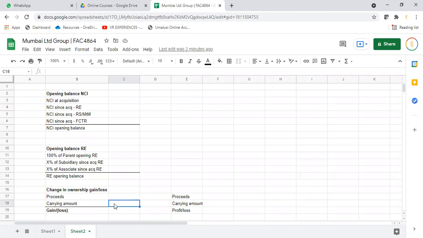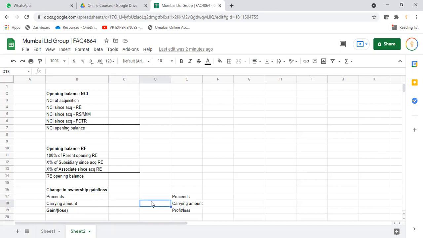So the way I do it, I get the equity balance of the subsidiary at the date of sale from a group perspective at 100%. So I get the 100% number. Then I say, okay, I'm not selling 100%. I'm only selling a percentage. Let's say 5%, 10%. So I take that 100% times it by 10 and I plug it in over here.